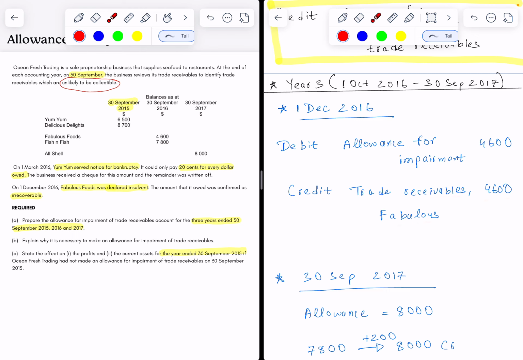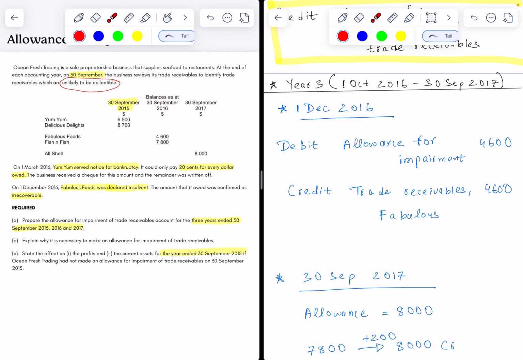Now, at the same time, now that we have got confirmation that we don't recover $4,600 from Fabulous Foods, we have to reflect that in the allowance for impairment account. Now, the allowance for impairment account, as we understand, is a contra asset account which stores the uncertain amounts from credit customers that we may not be able to collect.